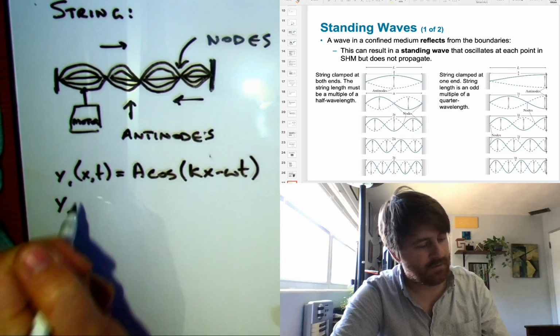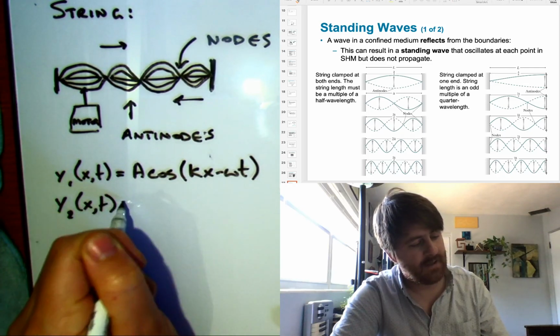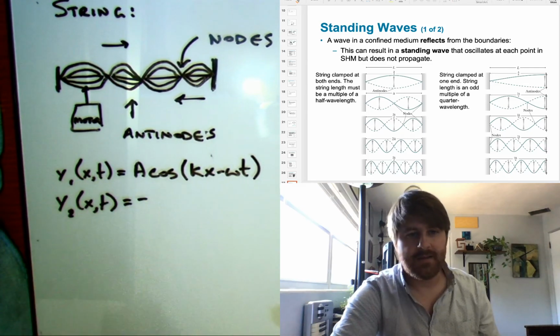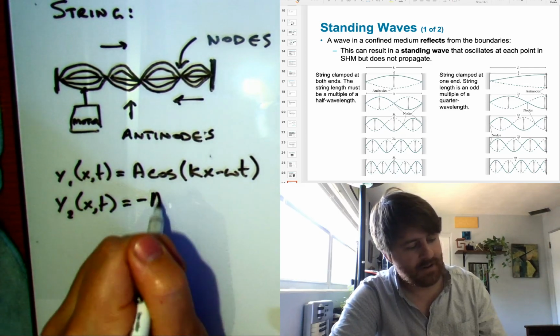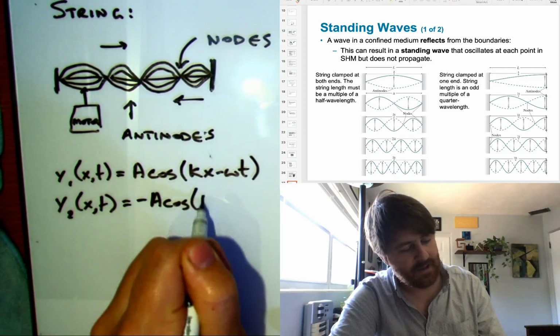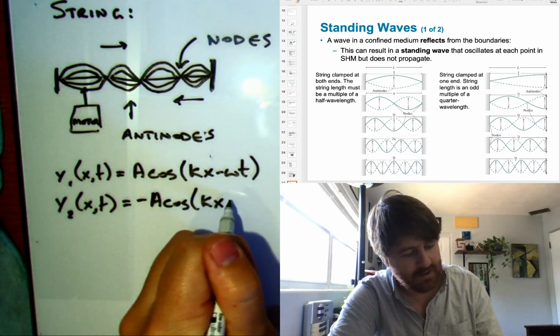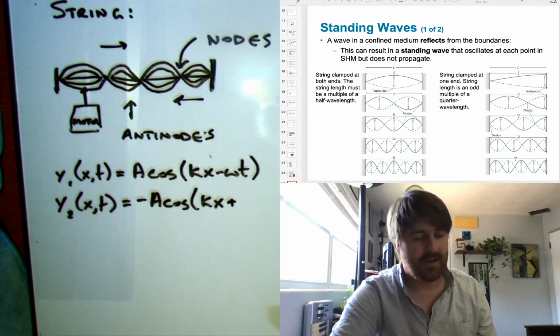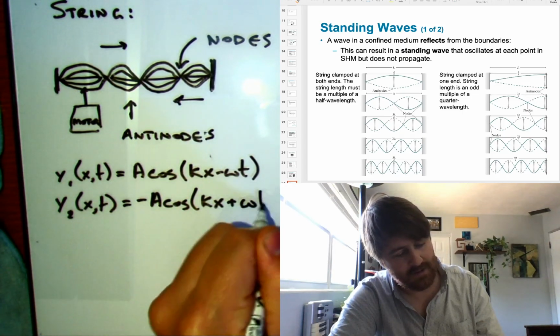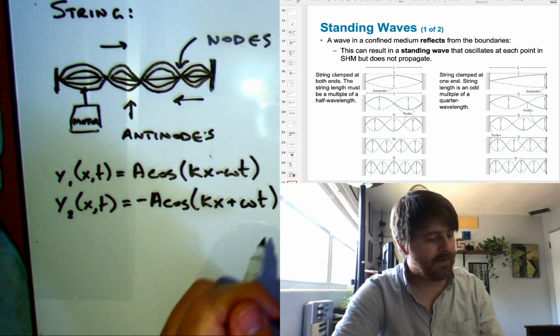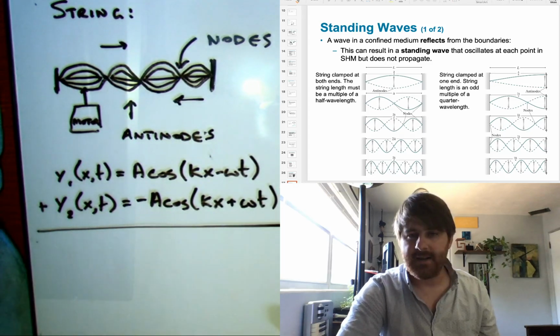So y2 of x and t will be minus cosine kx, but it's also traveling to the left, so I need to change that minus sign to a plus sign, omega t. Okay? If I sum these two, I get a standing wave.